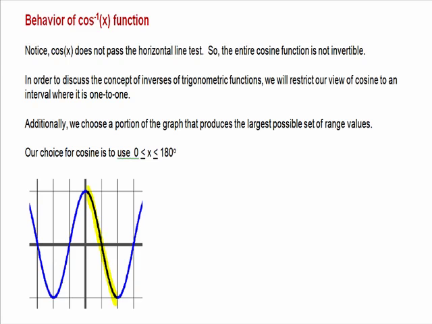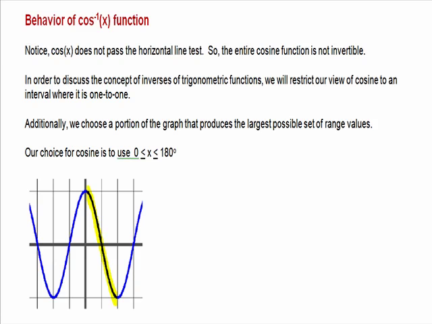The way we do that is we restrict our view of cosine to an interval where it does pass the horizontal line test, where it is in fact 1 to 1. And then what we also do is make sure we choose a portion of the graph that produces the largest possible set of range values. So in this case, for cosine, we're going to use everything from 0 to 180 degrees, including 0 and including 180 degrees.